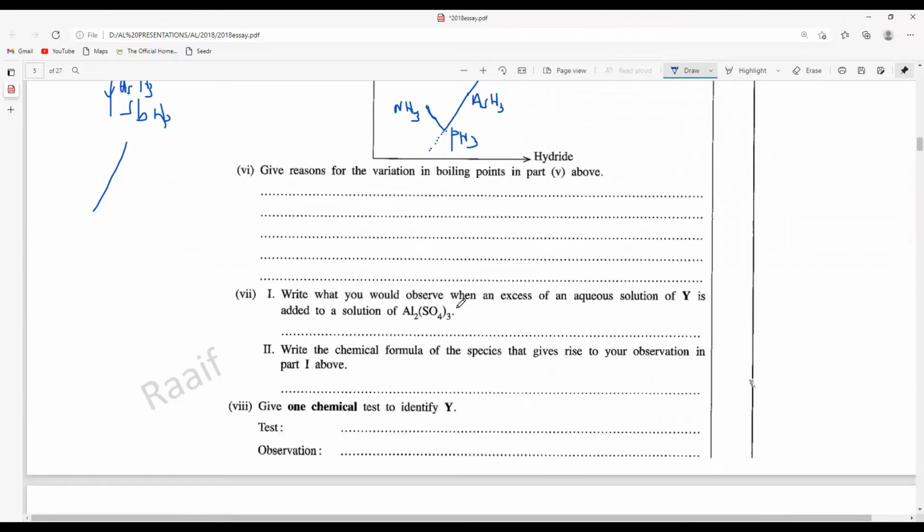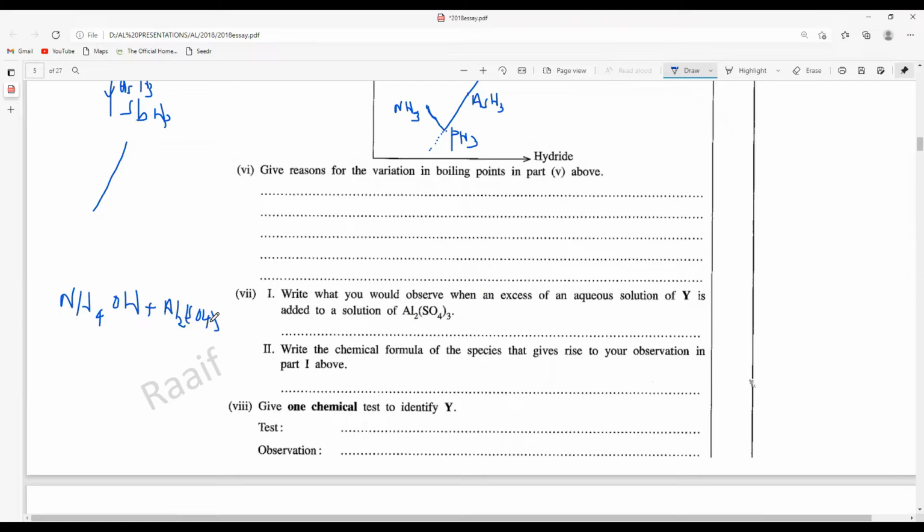Right. But what would you observe when an aqueous solution of Y is added to a solution of aluminium sulfate? So basically, an aqueous solution of ammonia will form ammonium hydroxide, right? So it's like mixing ammonium hydroxide with aluminium sulfate.